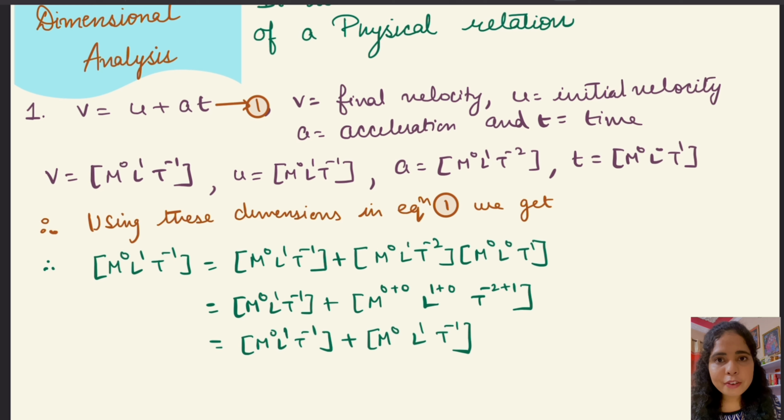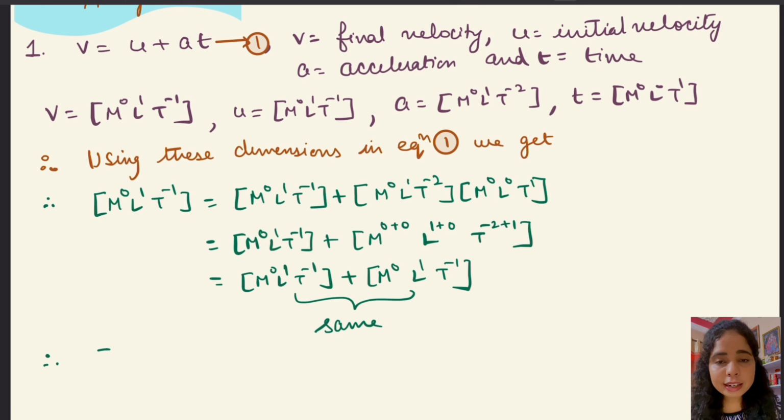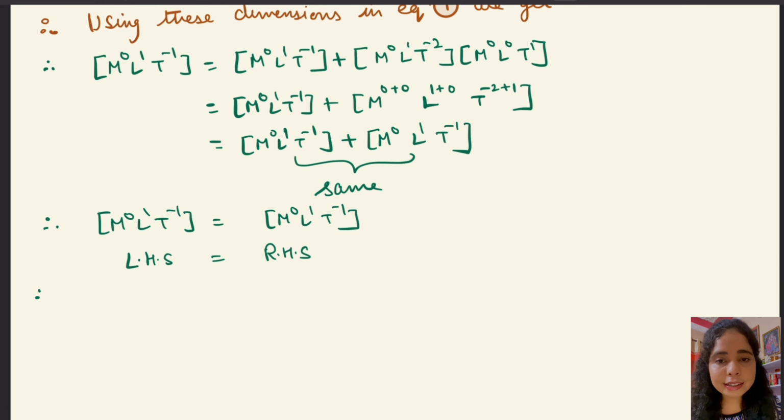Now we have two same dimensional formulas which are adding up. We do not need to add them up and write the magnitude 2, that is wrong. We will only write this dimensional formula once on the right hand side, that is M0 L1 T minus 1, and similarly on the left hand side we have M0 L1 T minus 1. So our left hand side is equal to the right hand side.